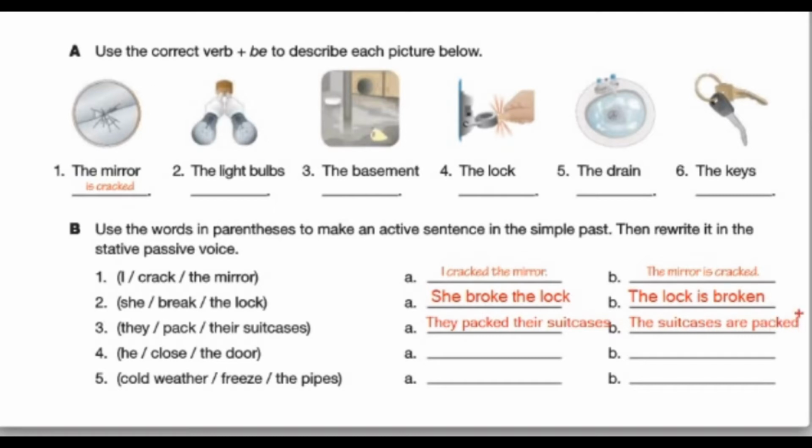Excellent. Packed. Not pockets. Packed. How about number 4? He closed the door. What's the state of the door? The door is closed. Thank you. And finally, the cold weather froze.